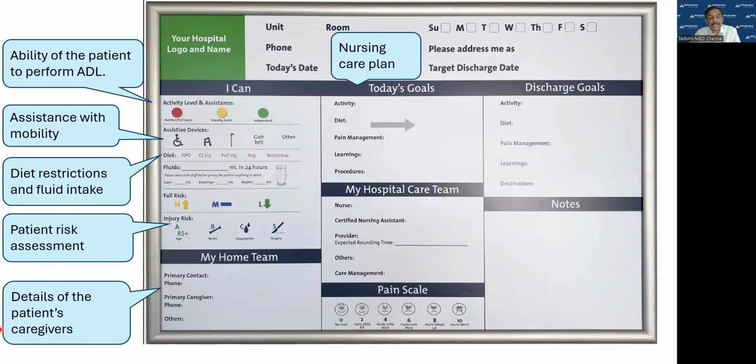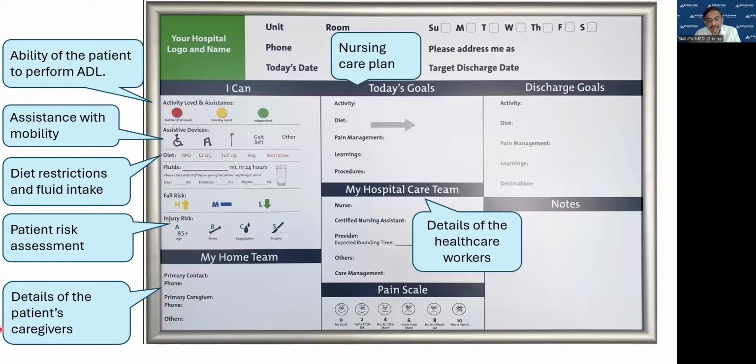The patient and the relatives know who the nurse is, who the nursing assistant is, any other provider's name, and the administrative or complaints phone number. All those things you can write here so that they can immediately act. The pain scale is there so that anybody walking into the room will know the last addressed level of pain and how effective the pain management is.